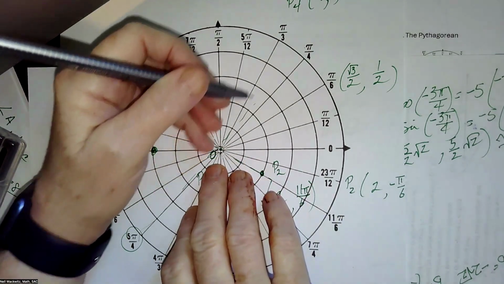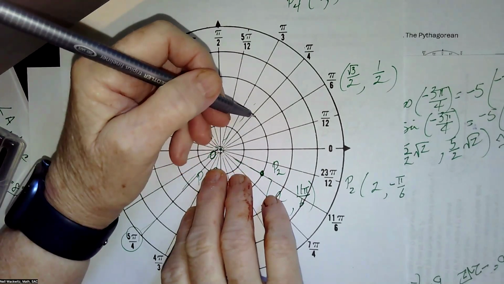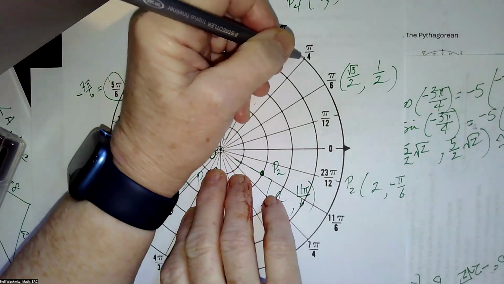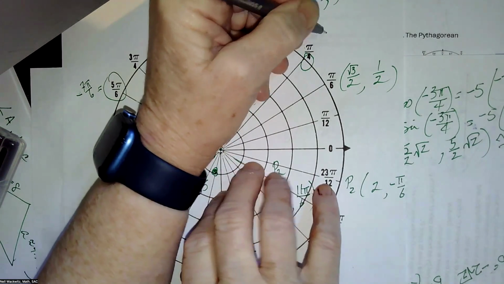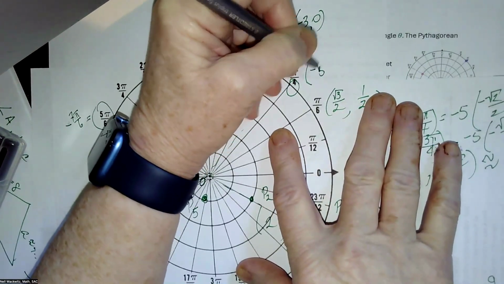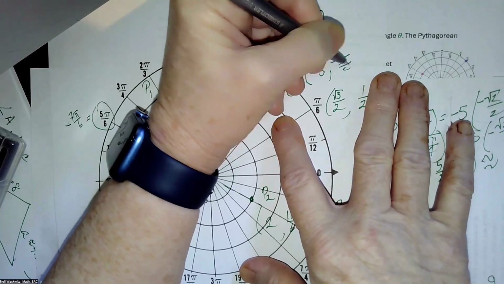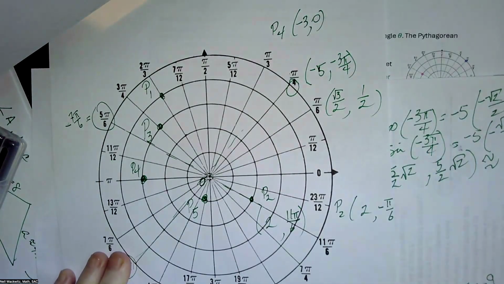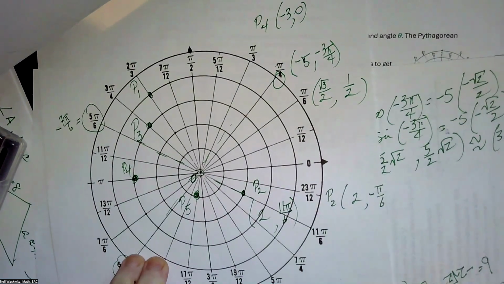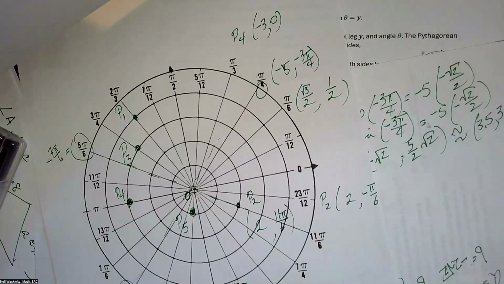So 1, 2, 3, here we go. 1, 2, 3, 4, 5. So this is the point, negative 5, negative 3 pi over 4. And let's see, using rectangular coordinates, about where that would be.